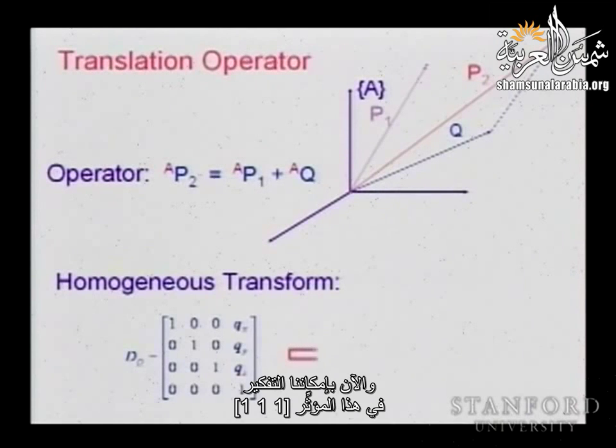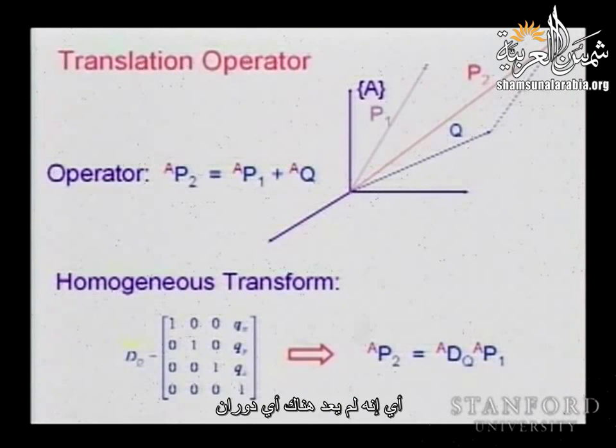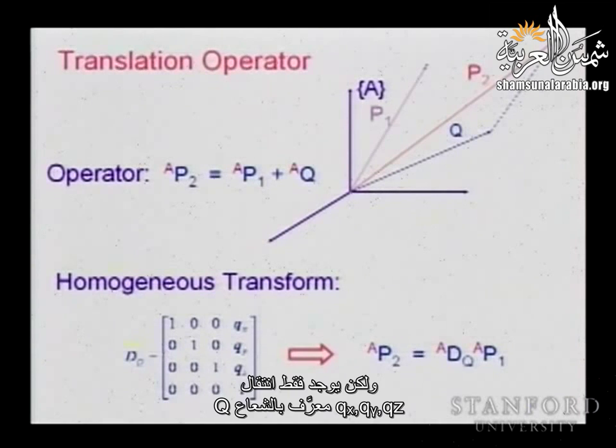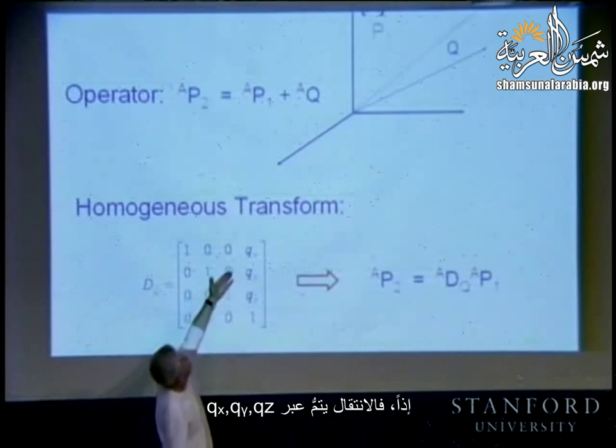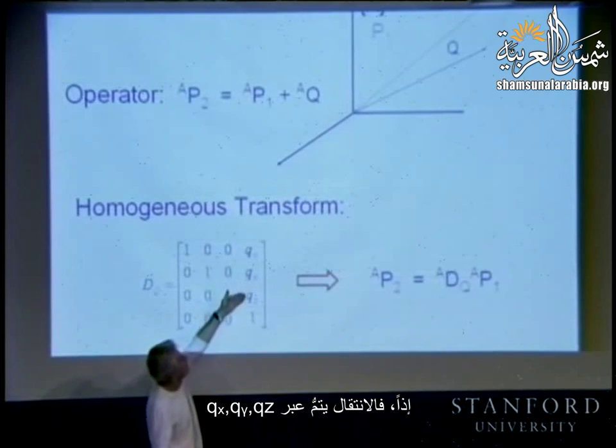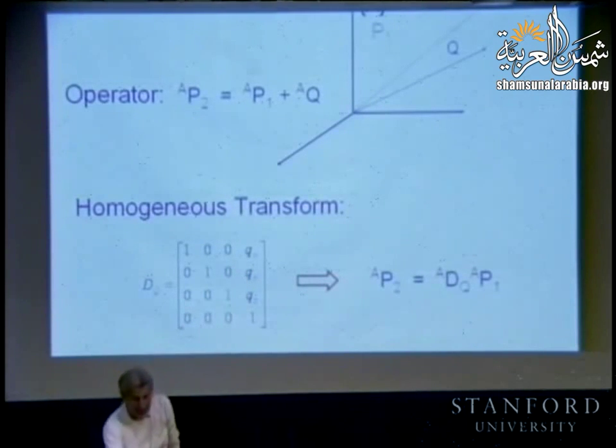So now we can think about this operator as 1, 1, 1, that is, there is no rotation at all, but there is only translation Qx, Qy, Qz, and this is defined by the Q vector. So the translation is done by Qx, Qy, and Qz.